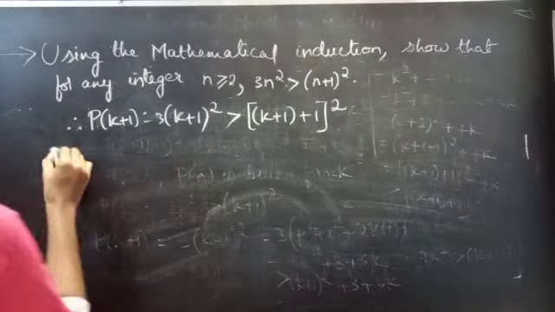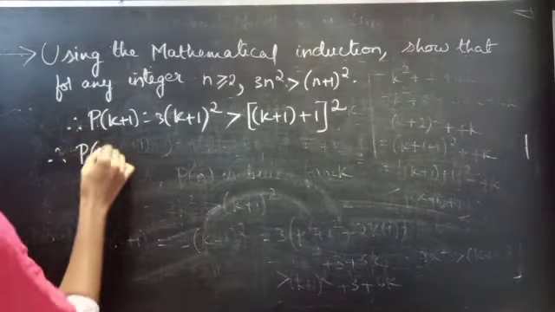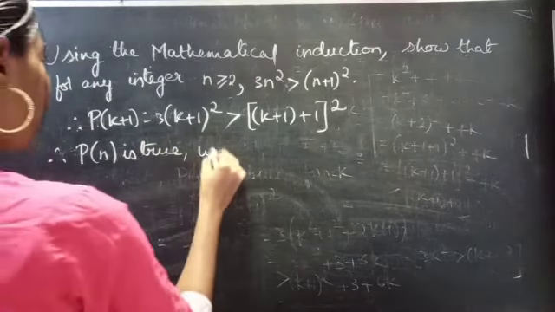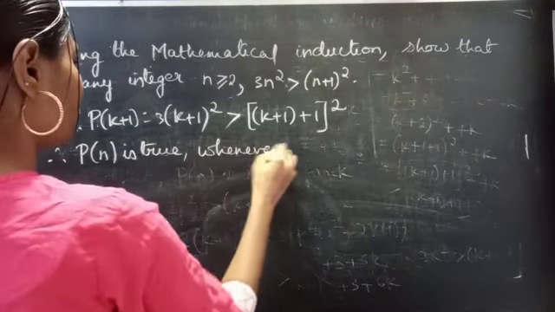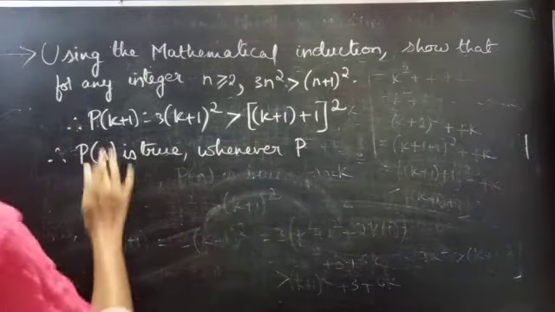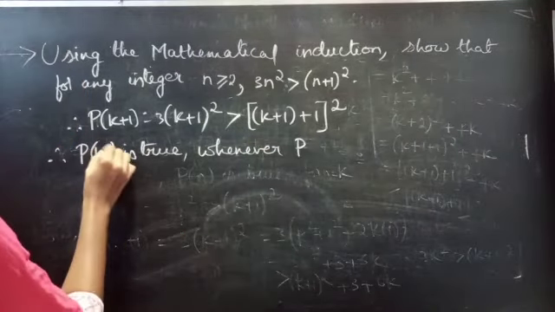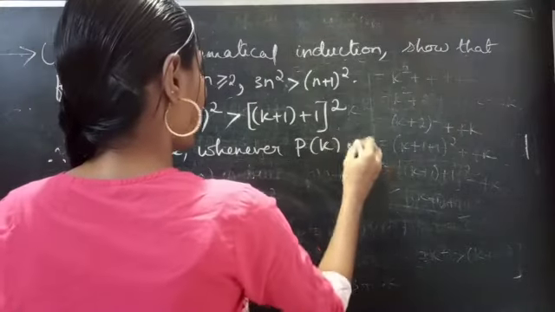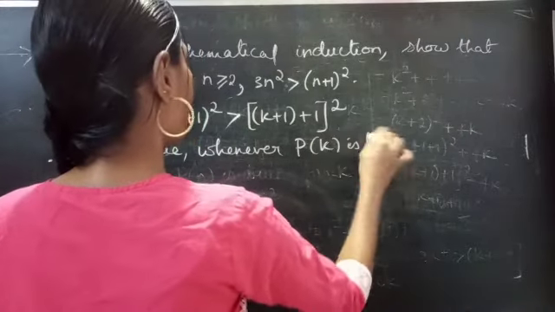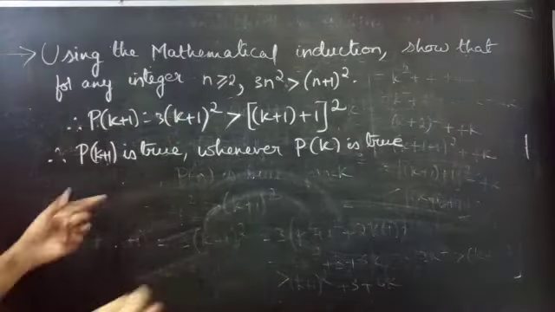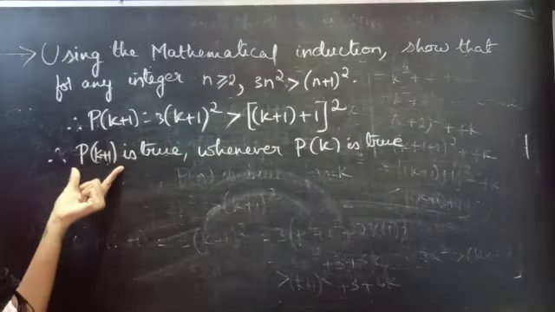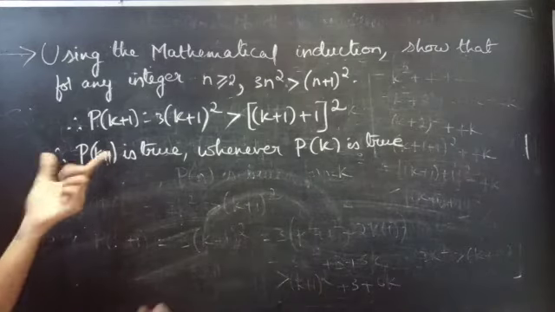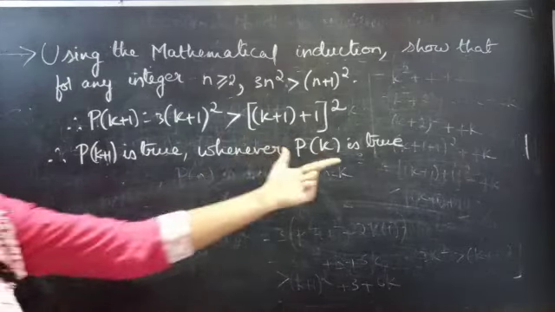Therefore, P of n is true whenever P of k plus 1, okay? P of k plus 1 is true whenever P of k is true. We have used P of k condition to prove that P of k plus 1 is true. Okay, so we can show that P of k plus 1 is true only whenever P of k is true.